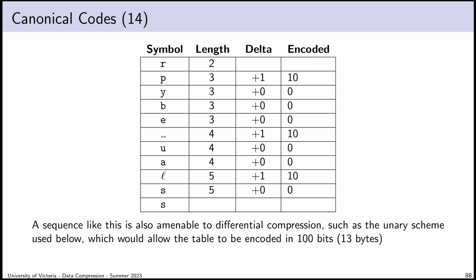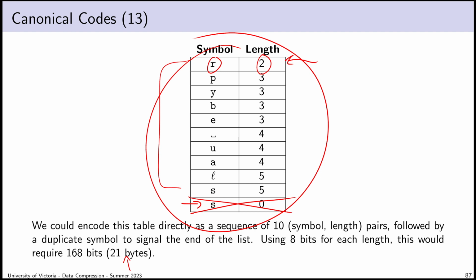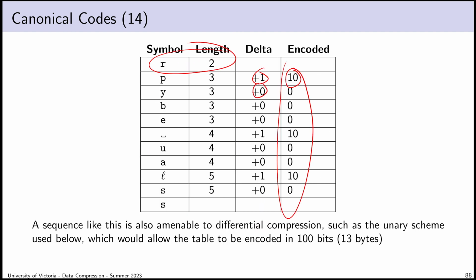So what I could do is encode the first symbol length pair, and then just a bunch of delta values, which I could then encode with unary encoding or something, in a very small number of bits. So doing that brings us down from 21 bytes down to 13 bytes, which is, I think, pretty good.